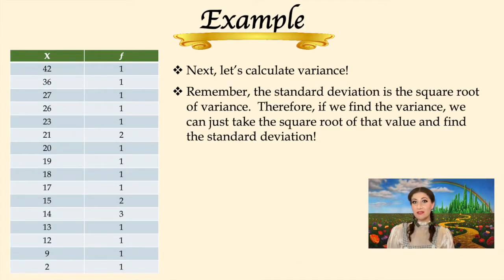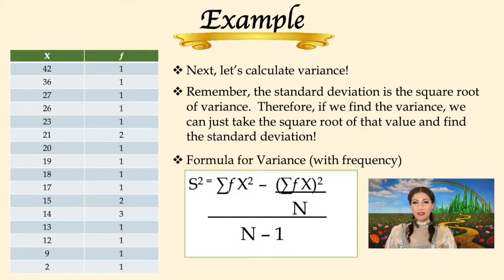Remember, the standard deviation is the square root of the variance. So if we find the variance, we can just take the square root of that value and then find the standard deviation. Let's take a look at that variance formula one more time. Because we have an f column and we have frequency, we're going to have to use the formula that takes the frequency into account.